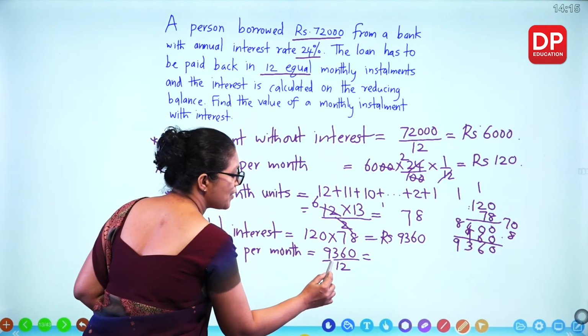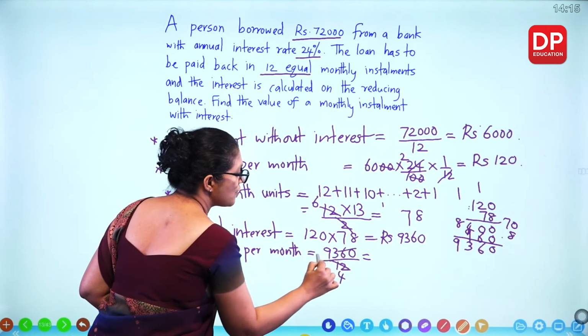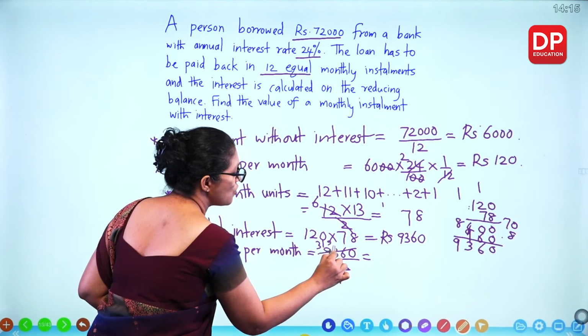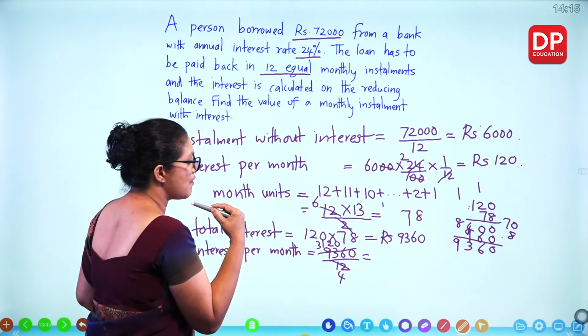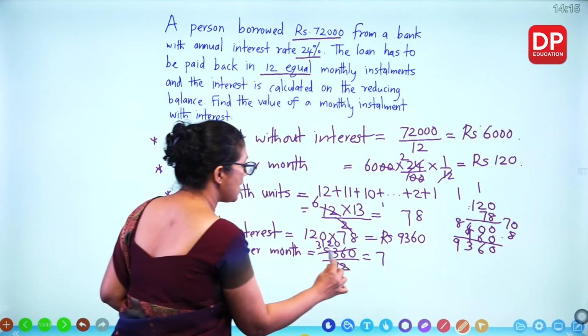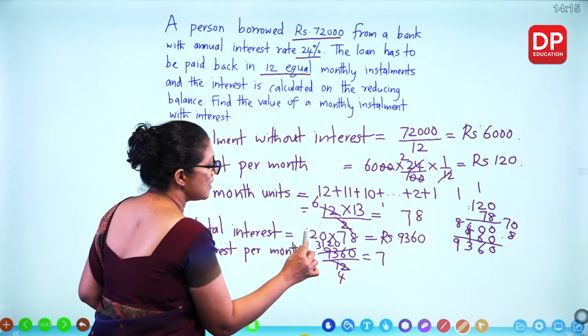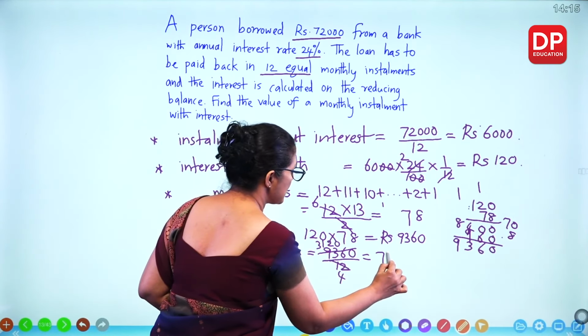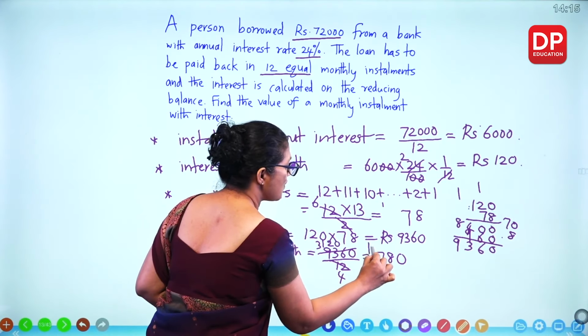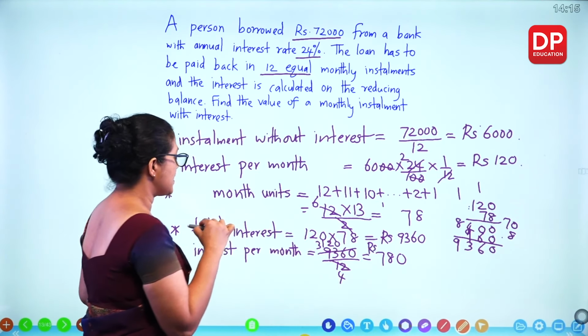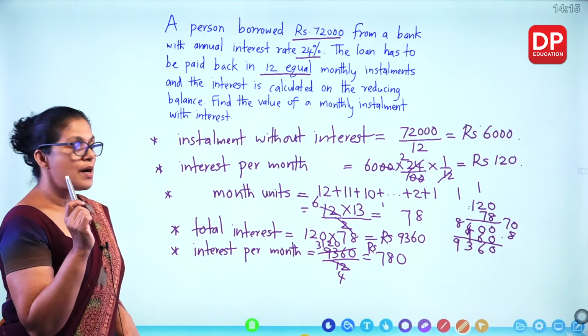First we'll divide by 3. 3 times 4, 3 times 3, 1, 2, 0. Now we can divide by 4. 4 times 7, 28. 3 remaining for 32. That's 8. So 780 rupees. That's the interest per month.